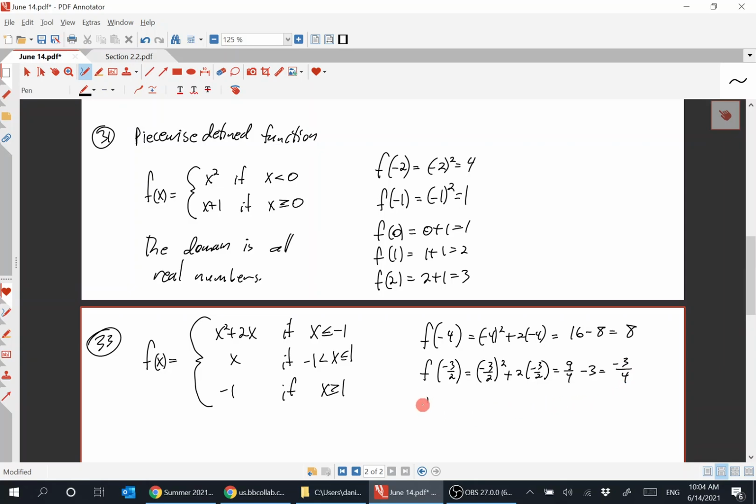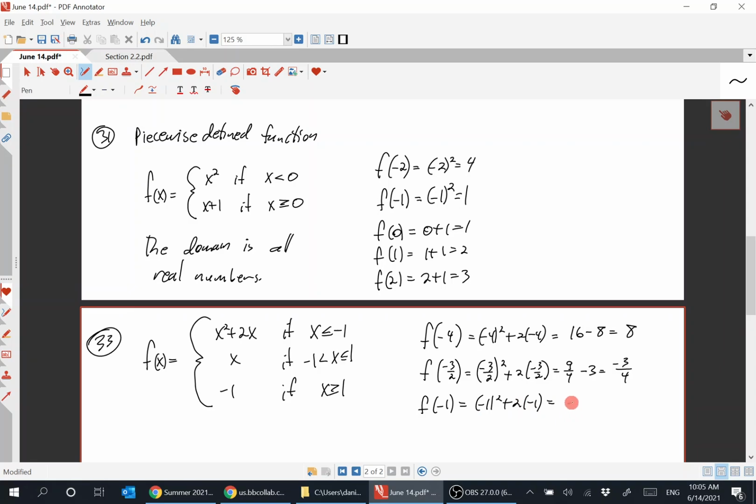f of -1. Which piece now for x equal to -1? The top again, x less than or equal to -1.